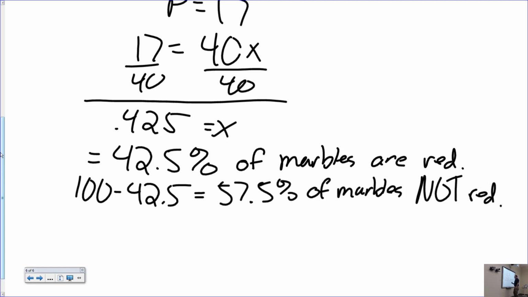So note, folks, that labeling it points out to yourself that, oh, shucks, I'm giving you the wrong answer. Once you say that 42.5% of them are red, hopefully you'll go back to the question up above and see, oh, I asked for not red. Use your complement technique to get how many are not.